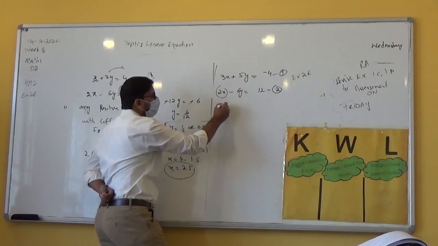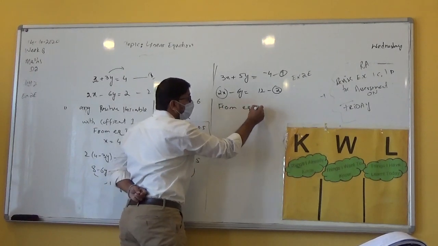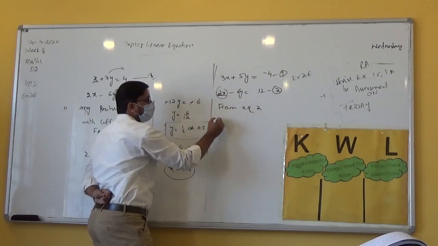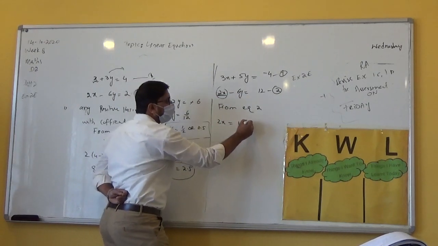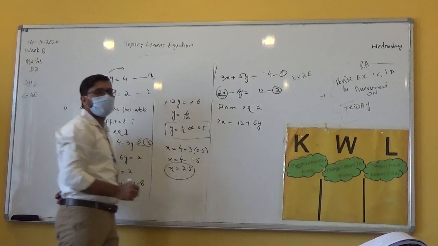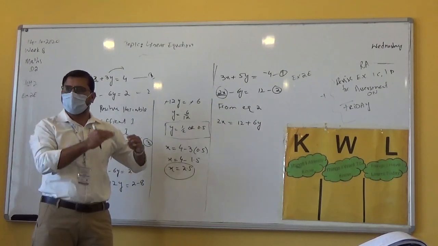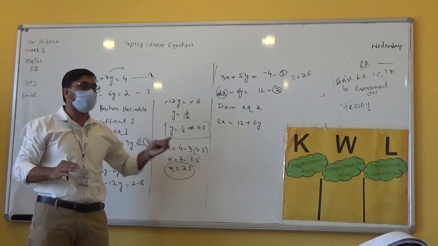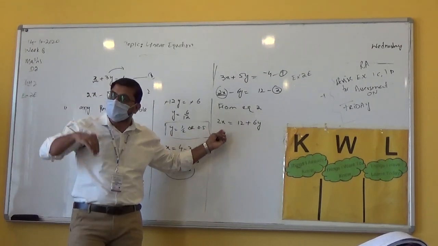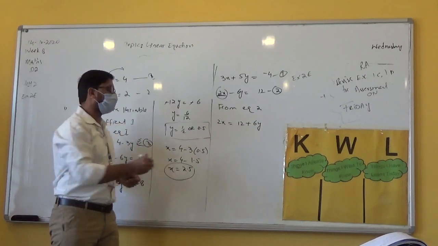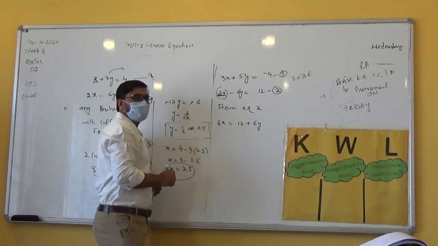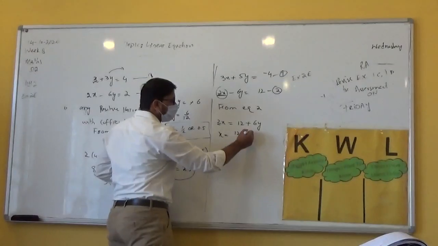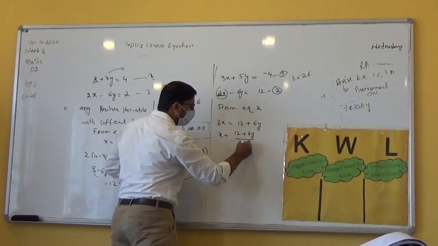So from equation 2, 2x is equal to 12 plus 6y. We have to solve this equation for x, not for 2x. So what about this 2? x is equal to 12 plus 6y divided by 2.